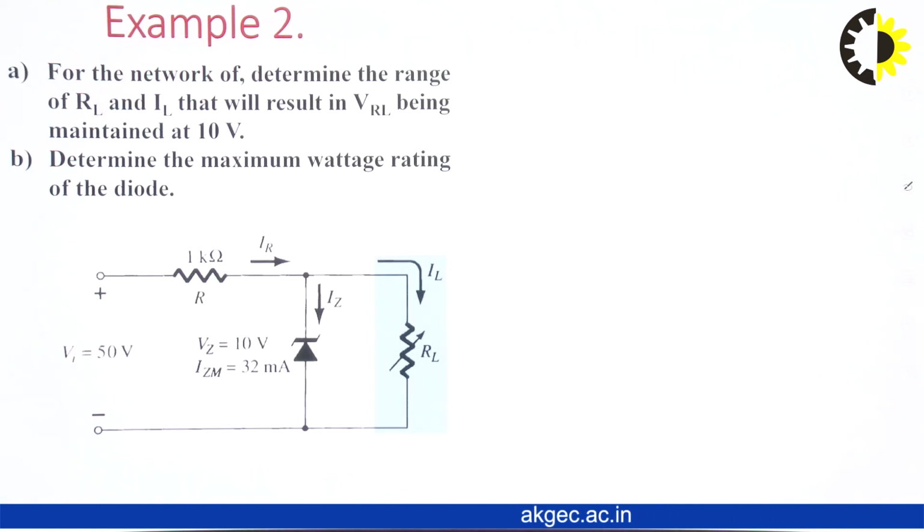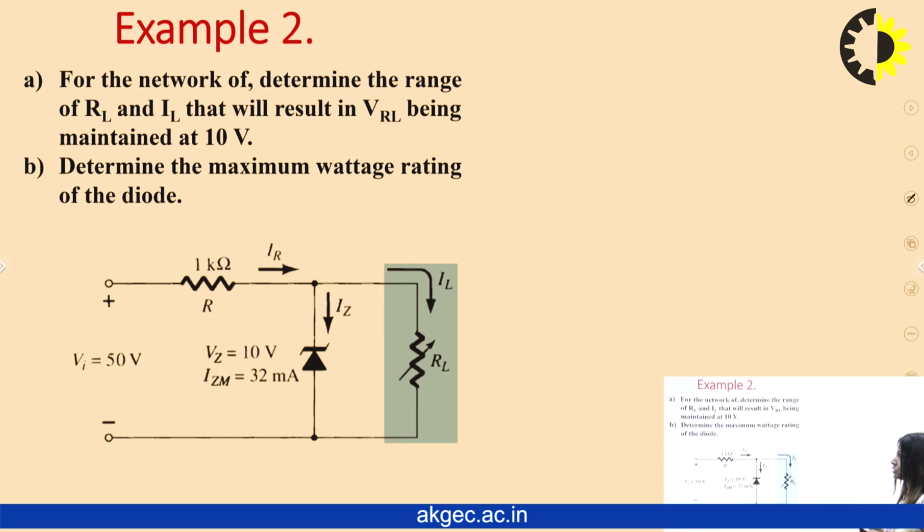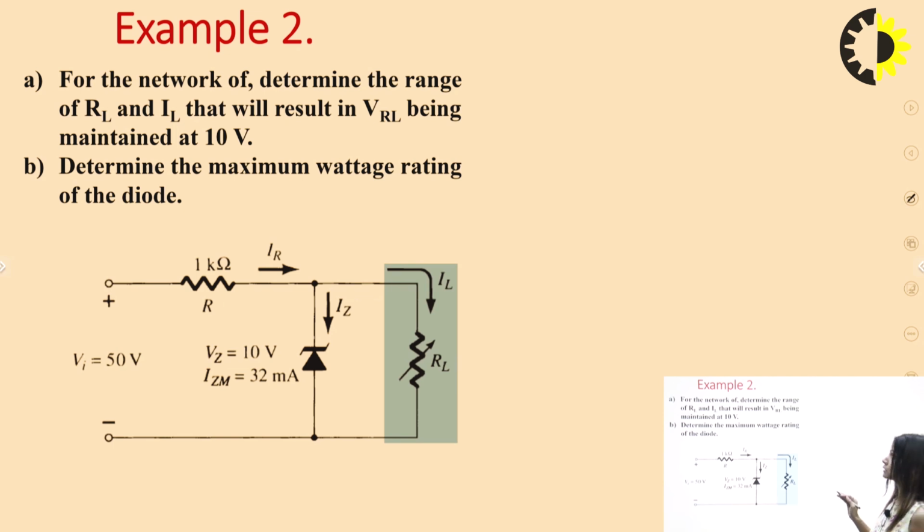Let's say we have one question. For the network, determine the range of RL and IL that will result in VRL being maintained at 10 volt. Determine the maximum voltage rating of the diode. Now, step by step, we will solve this numerical.